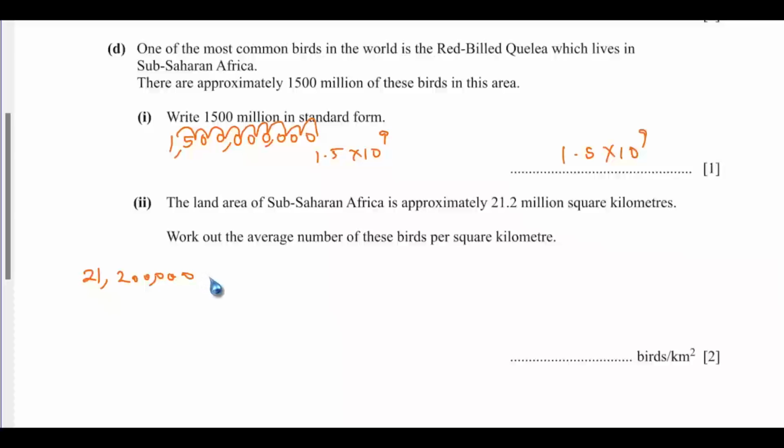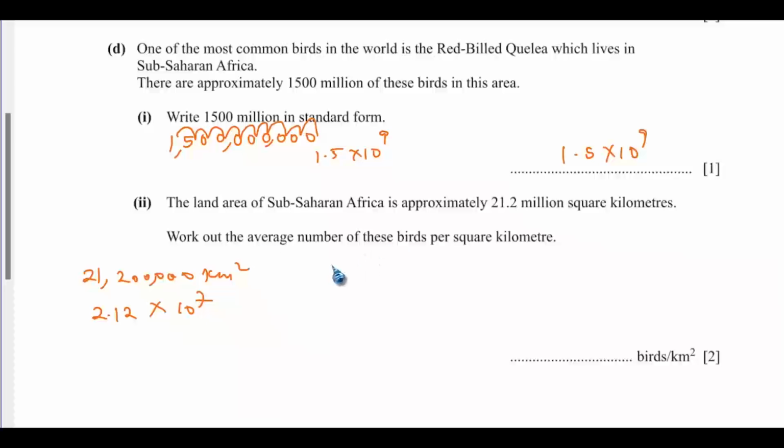Okay, so that is what it means. Square kilometers. Now we can write this in standard form. That will be 2.12 times 10 to the power of 7. So work out the average number of these birds.